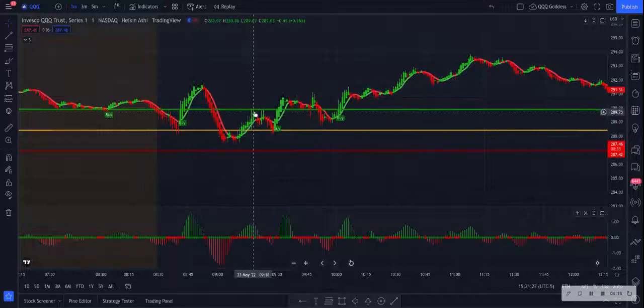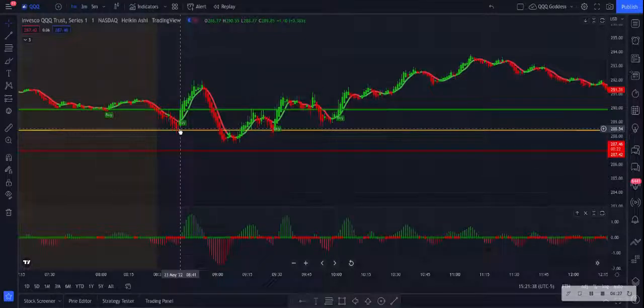Like here, it goes up, but it gets rejected right here. And right here, it could have been a quick scalp. If you wanted to play a little risky, it could have been a quick scalp right here. Because once it opened, it found support here. So you got 1, 2, 3, 4 times price touched. So you could have scalped here once you saw the TTM go green right here.